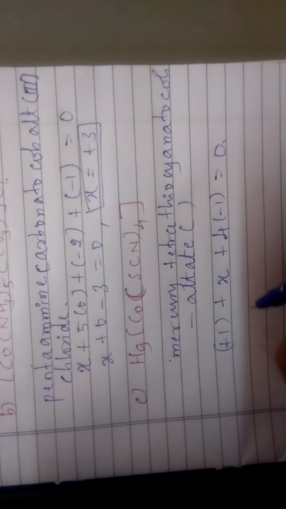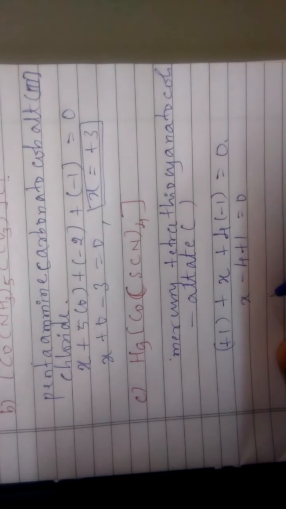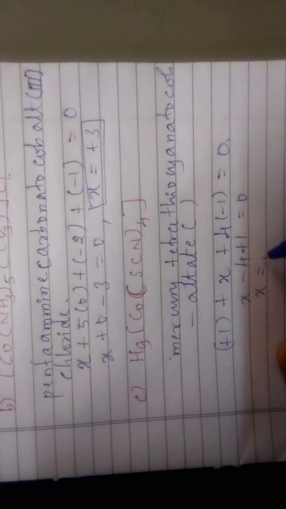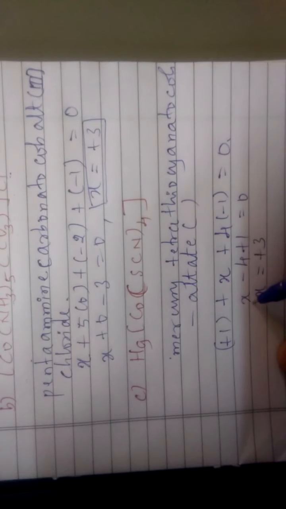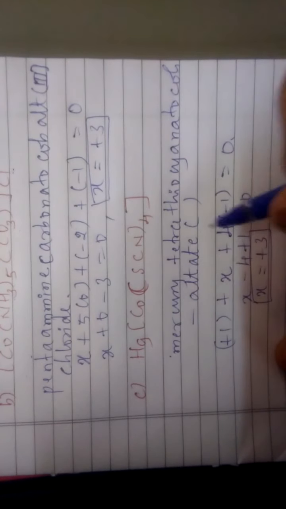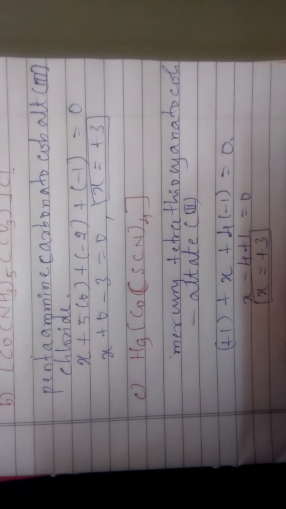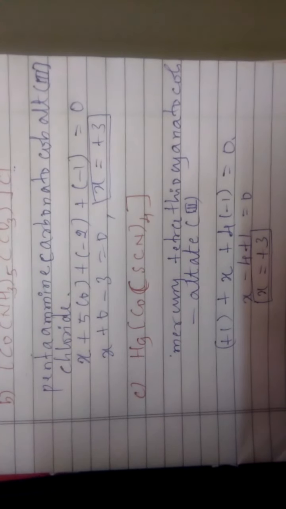So it is x minus 4 plus 1 equals 0. So x equals +3, because -4 plus 1 is -3, x minus 3 equals 0, x equals +3. Here the oxidation state of cobalt is 3. Okay, and the name of the compound is mercury tetrathiocyanato cobaltate(III).